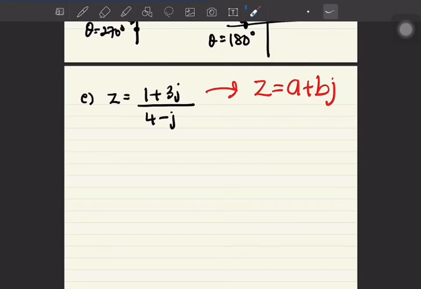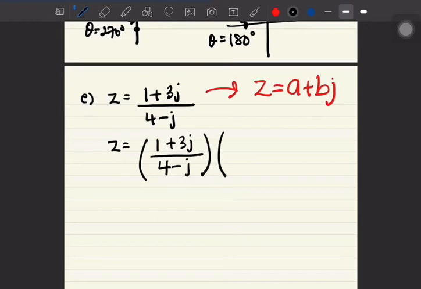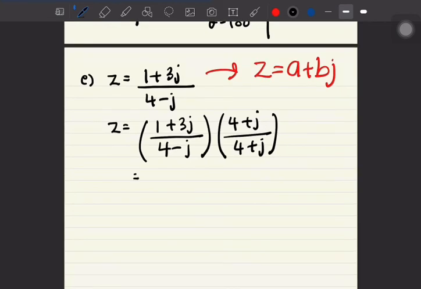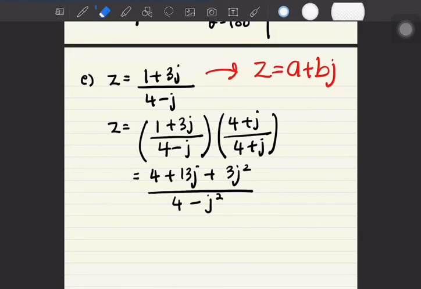So how to express this one? We already learned it in our previous class, so let us do this quickly. You will have to multiply with the conjugate of the denominator, so you will have 4 plus j over 4 plus j. When you expand the whole thing, you will have 4 plus 13j plus 3j squared over 16 minus j squared.